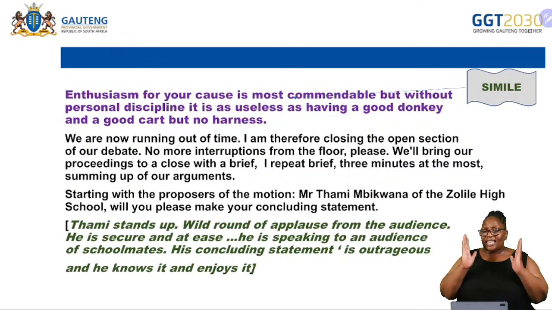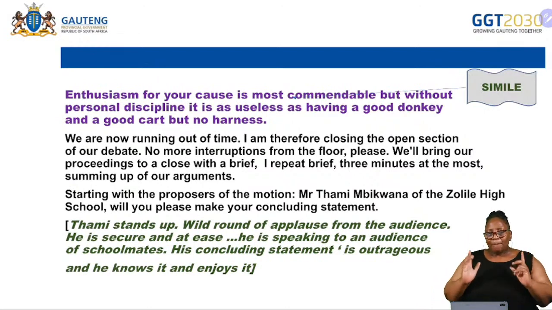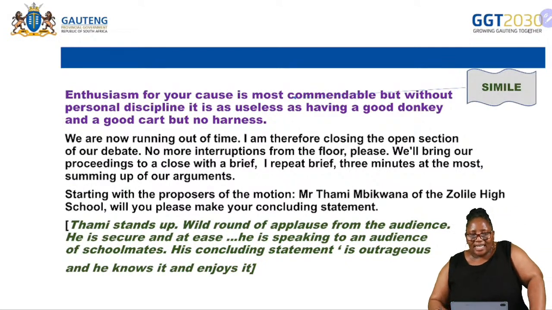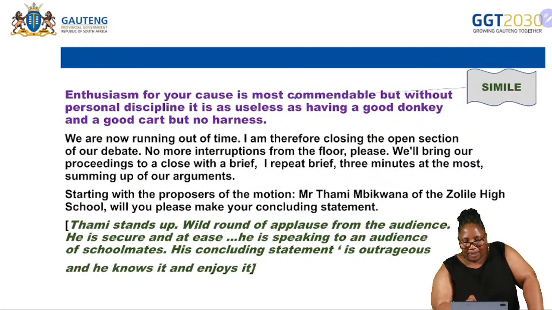Enthusiasm for your cause is most commendable, but without personal discipline, it is as useless as having a donkey and a good cart, but no harness. Something is at stake here. He says he's very impressed. The two learners are enthusiastic. They want to debate. And he commends them. He praises them for that.